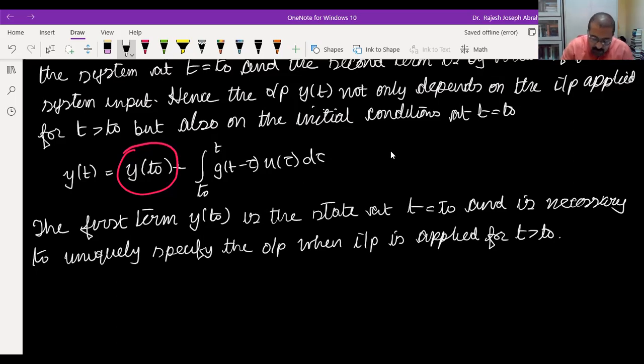Okay, so the variable that represents this state of the system is called state variable. So here, which is the variable that represents this? It is the output variable y, right?